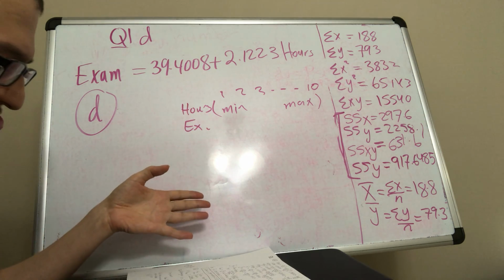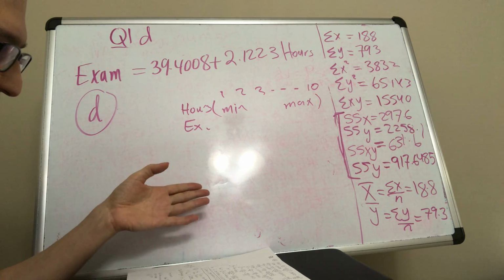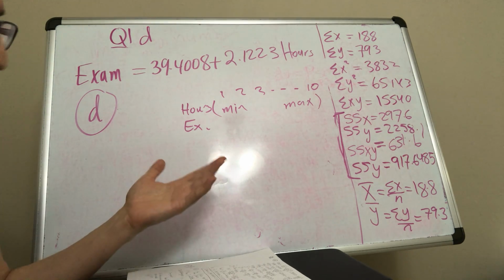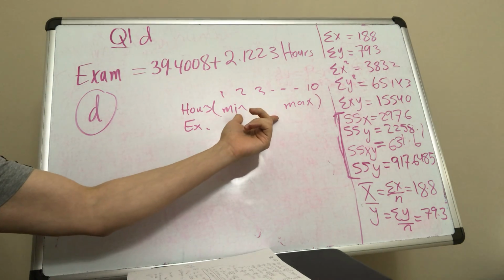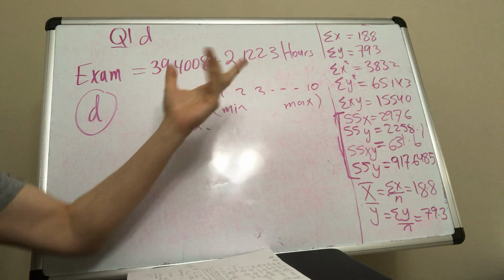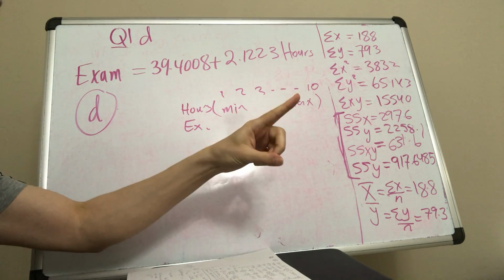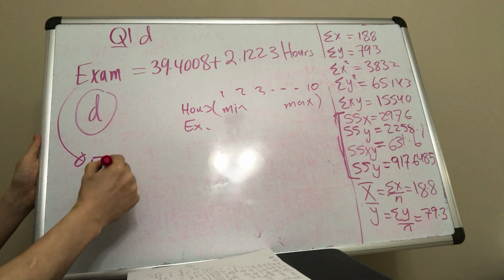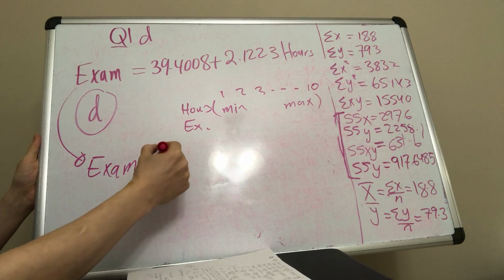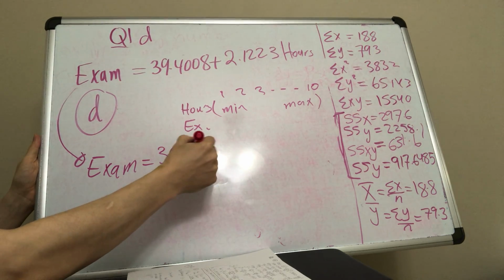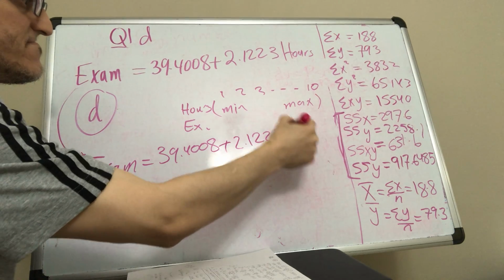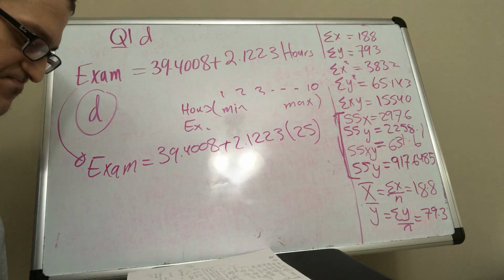If they ask you, Fred spent 100 hours, can you predict his GPA? In this case, you say no. It's outside range. So this equation is only good for numbers within range. So you say, okay, we can, and all we need to do is plug in 25.